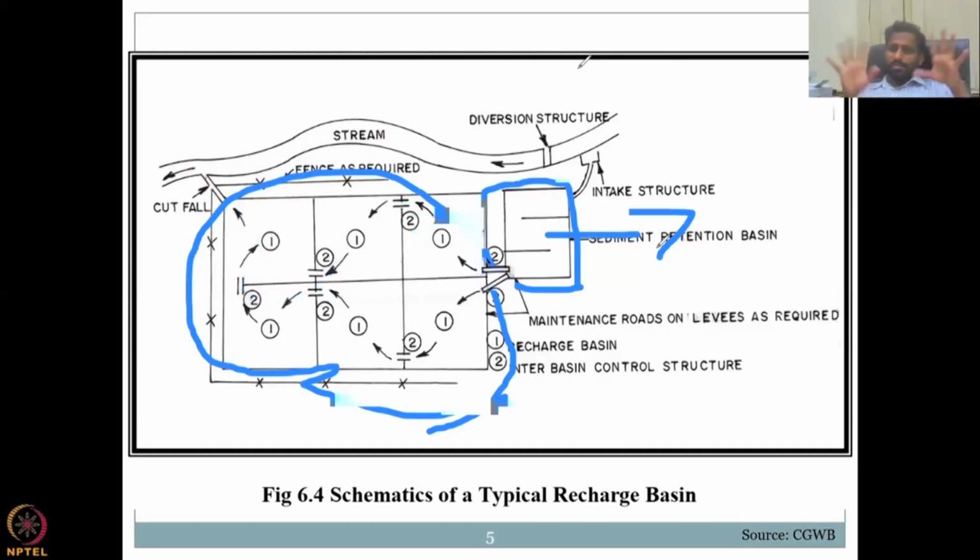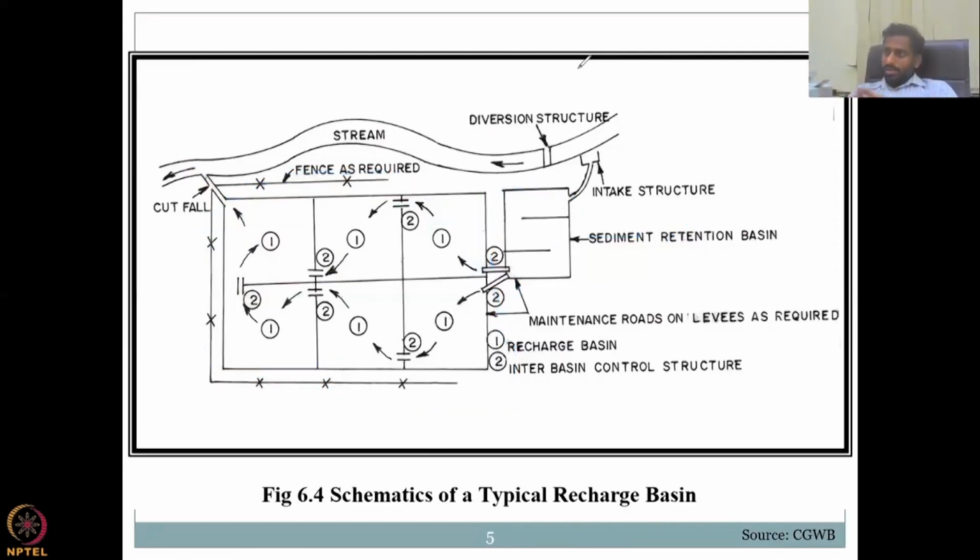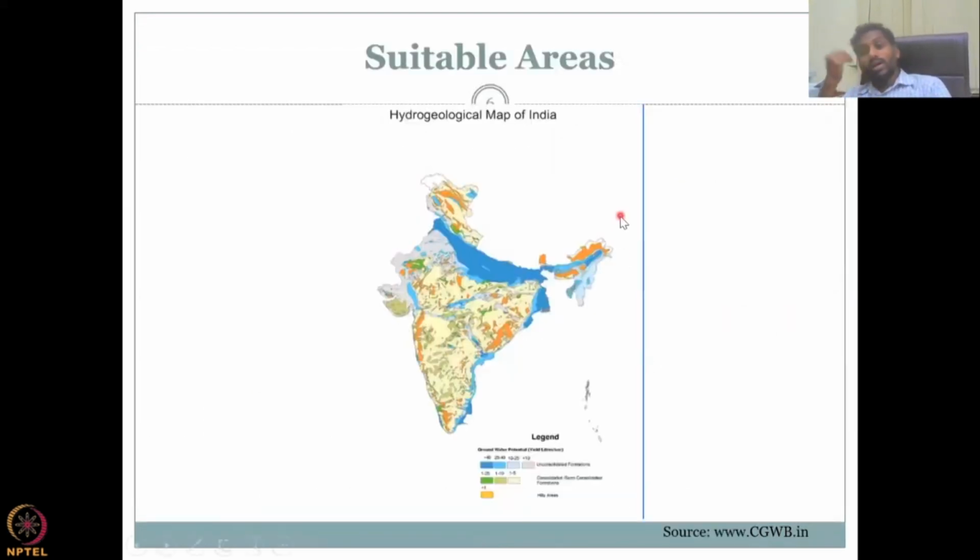Okay, it's the same principle. You take water from the main channel, apply it as a sheet flow, let the water recharge, slow down the water, let the water recharge, and then you continue back into the stream. So all these methods have been explaining the direct method. So where could this be suitable is the question. The suitability comes from the understanding of the recharge potential of the land.